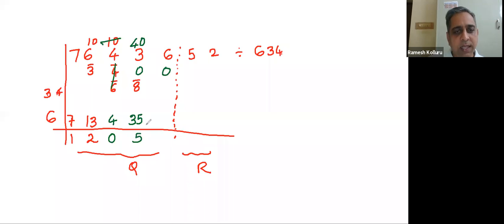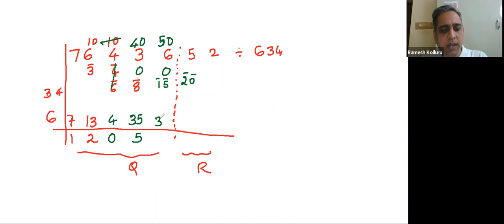Now 43 minus 8 is 35. So 6 5s are 30. So 50 passed. And 5 3s are 15 is bar. And 5 4s are 20 is negative. So 56 minus 15 is 41. So here 6 6s are 36, 50 passed.